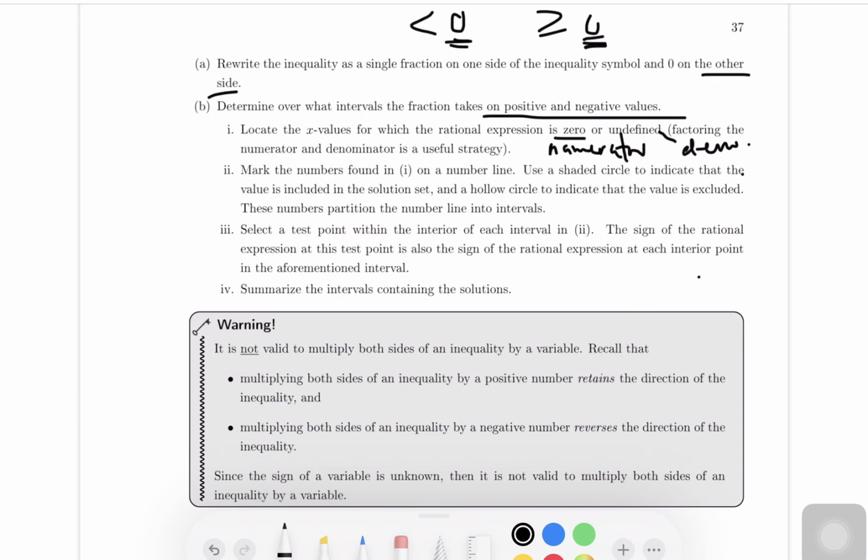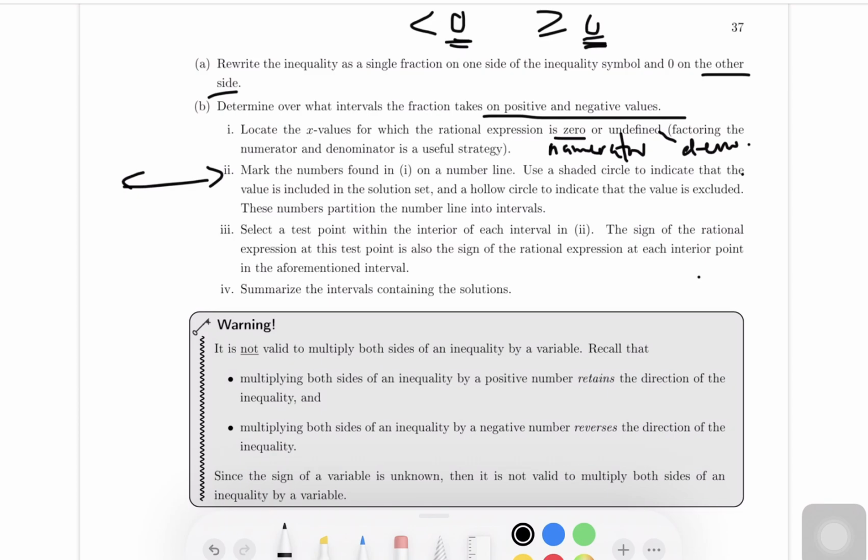Then we will mark the numbers on the number line. Use a shaded circle to indicate that the value is included in the solution set, and hollow if it is not included.